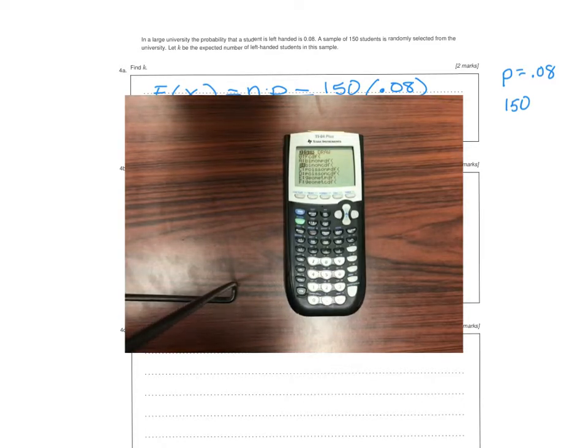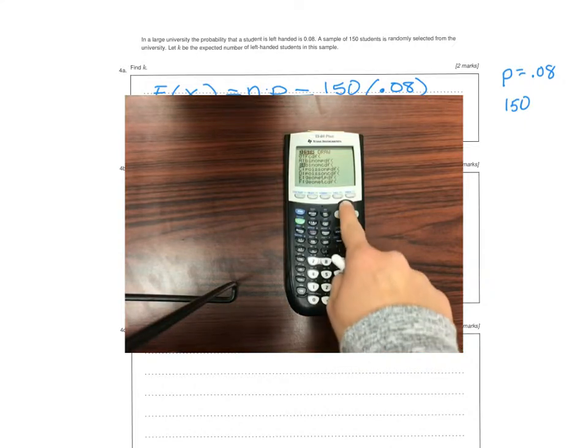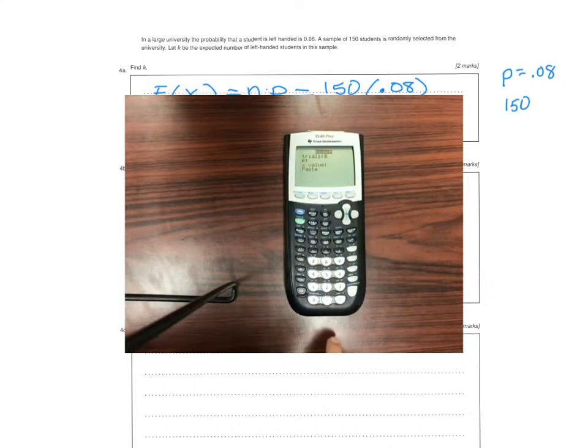Keep in mind that PDF is, you can think of it as precisely, the probability of there being precisely 12 people who are left-handed, versus the CDF, which would be the probability of there being up to 12 people who are left-handed. So we want PDF because we want to know the probability that there's exactly 12. We know there's 150 trials.